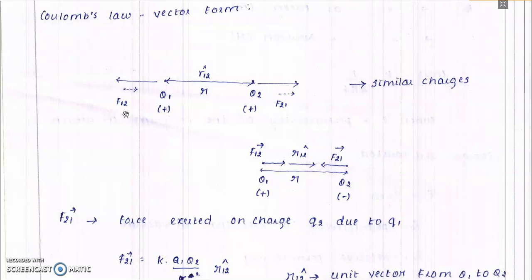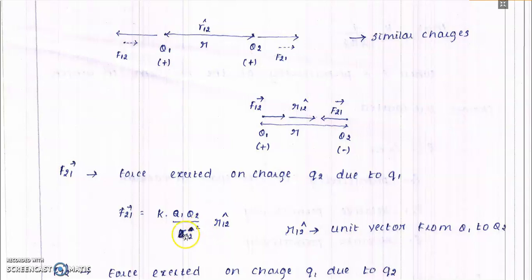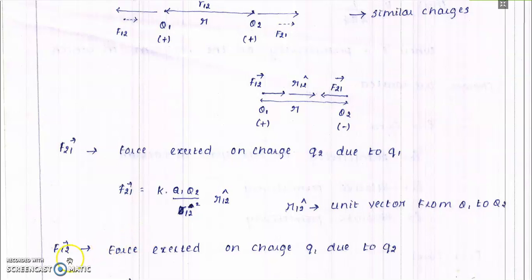So the final answer will be F21 equals K into Q1 Q2 divided by r12 square into r12 vector. Here r12 represents the direction of force, which is in this direction, so it can be represented by the unit vector r12 cap. Likewise, F12 vector is the force experienced on charge 1 due to Q2.